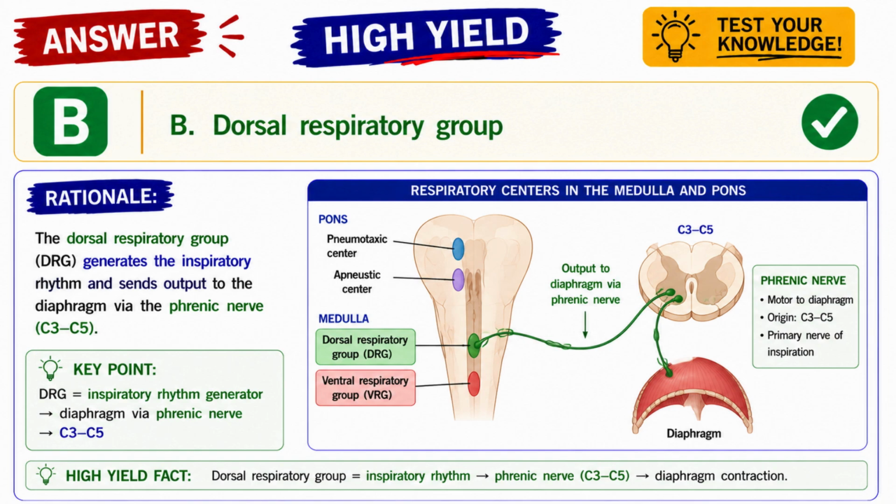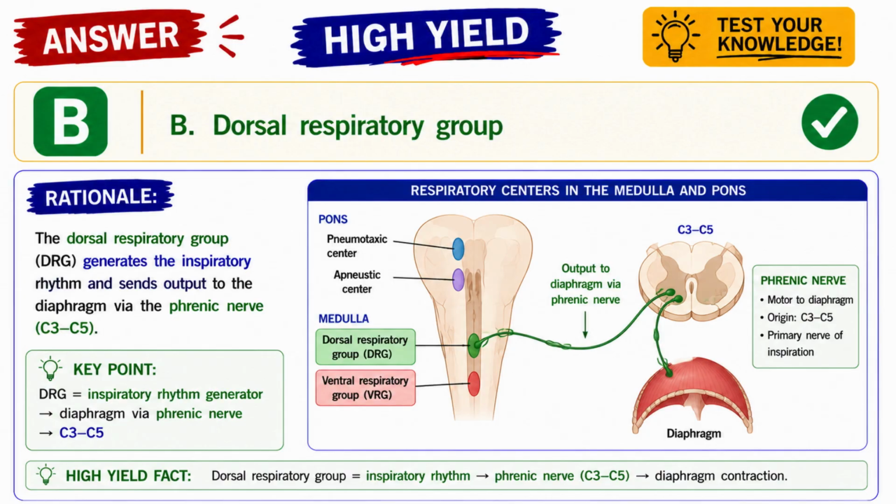This is also why phrenic nerve injury, from surgical damage during cardiac surgery or thoracic procedures, causes unilateral diaphragm paralysis. The communication between DRG and that hemidiaphragm is severed. Dorsal respiratory group, inspiratory pacemaker, phrenic nerve output, diaphragm contraction, the fundamental motor act of breathing.